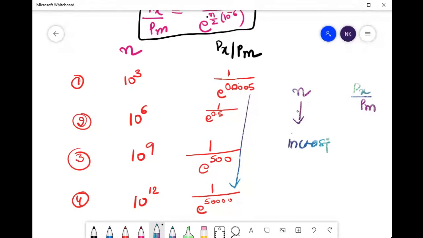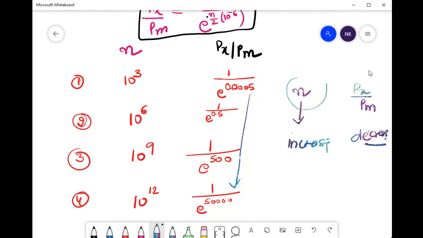So as the number of particles n is increasing, the probability for 0.1% deviation, the probability that the system is going to deviate from 0.1 fractional deviation, is going to decrease.